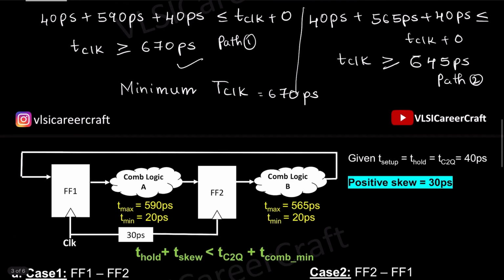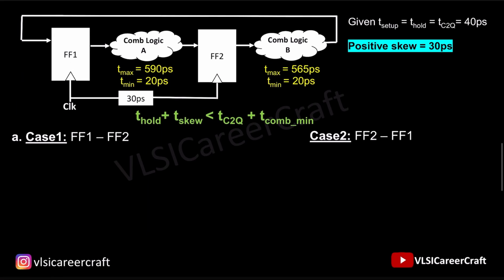So let's get into the second part of the question where the positive skew between flip-flop 1 and flip-flop 2 is given as 30 picosecond. So in case 1, we use this equation to check if there is any hold violation or not. So let's substitute the values and see.